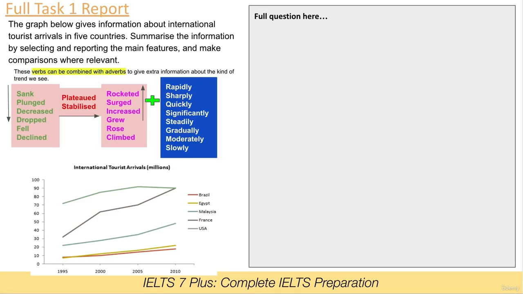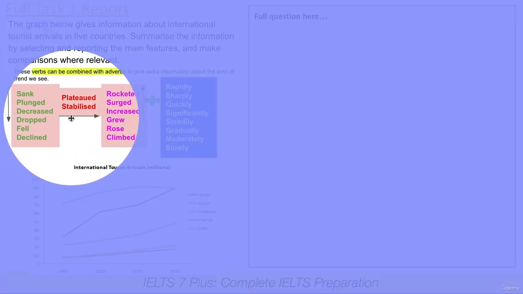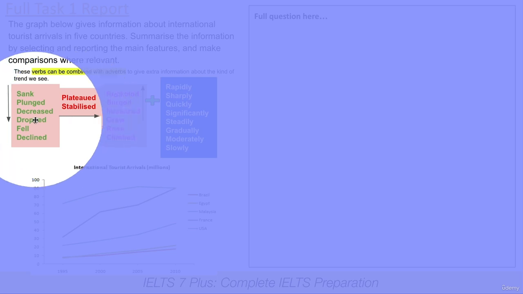So here we have our question again. We have our data, of course, and here we thought we'd add quite a nice table. So this can talk about, let me do the spotlight. Here we go. So we've got some really great words that we can use for task 1 here.